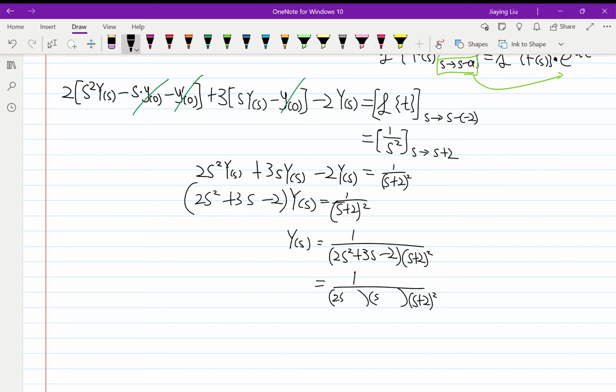You have to figure out which one goes where, because we need positive 3s, so we need 2s times a positive 2. So we need a positive 2 there, and then on the left we have a negative 1. You can always double check: this is minus s, this is positive 4s, which gives us positive 3s.